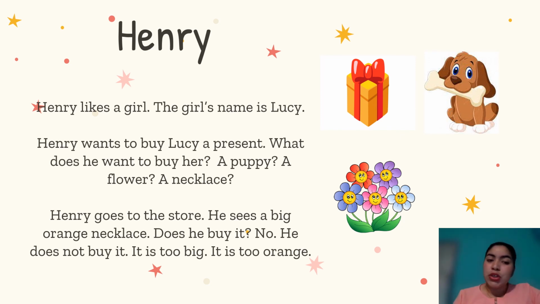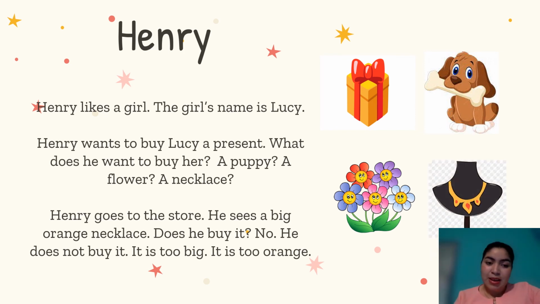Henry goes to the store and he sees a big orange necklace. But what is the problem? Does he buy it? No. What is the reason? He does not buy it. It is too big and it is too orange. Probably Henry didn't like this necklace.